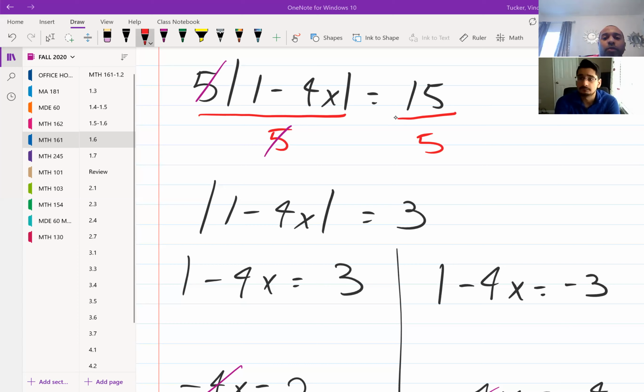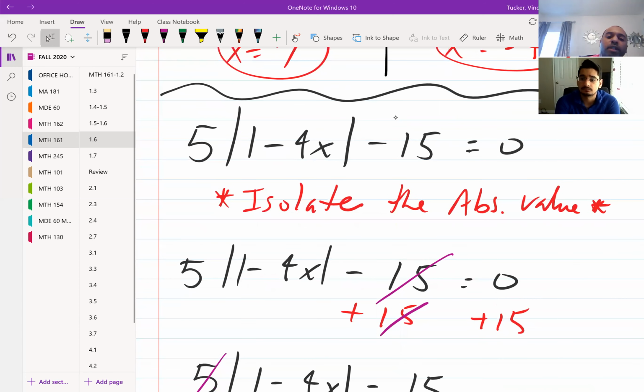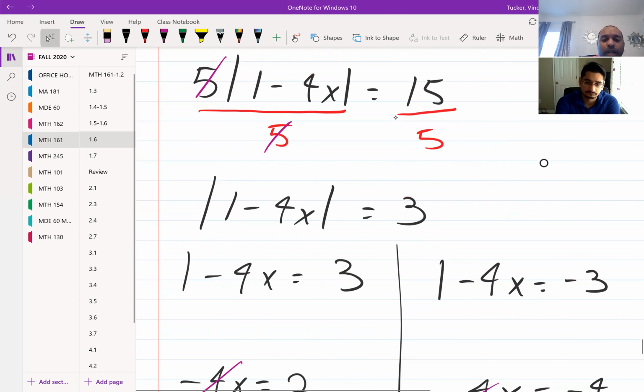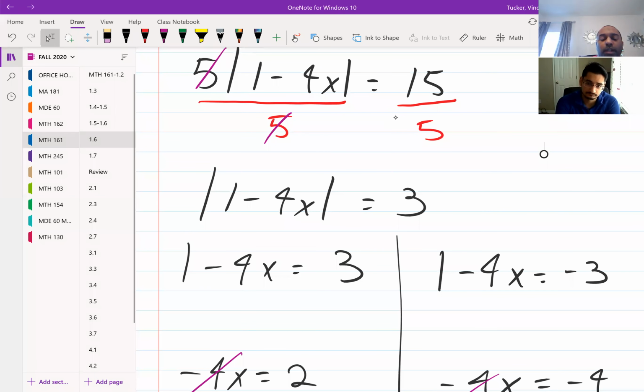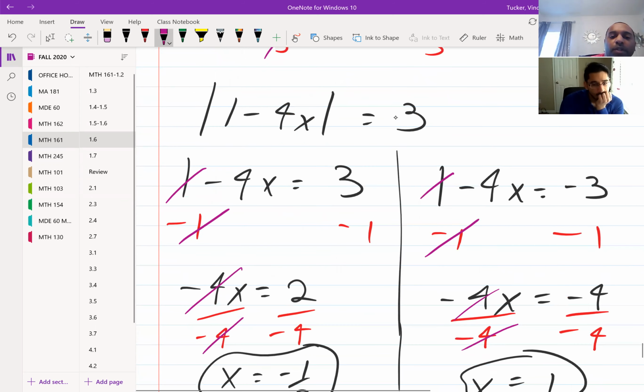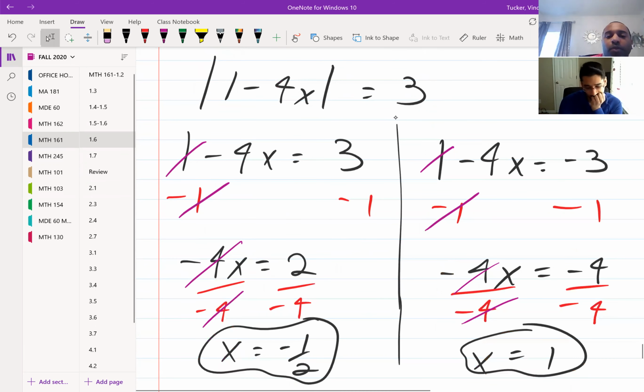So going back to the original, we moved the 15 first, and then we moved that 5 and got our 1 minus 4x by itself on one side. Then from there, we subtract 1 from both sides of our equations. 1's cancel. That'll be negative 4x equal to 2, and negative 4x equal to negative 4.